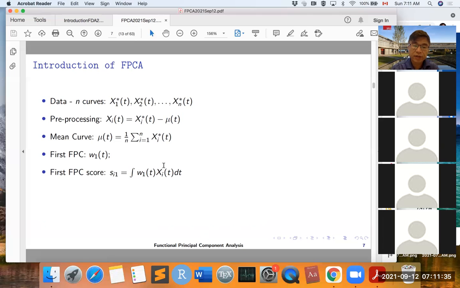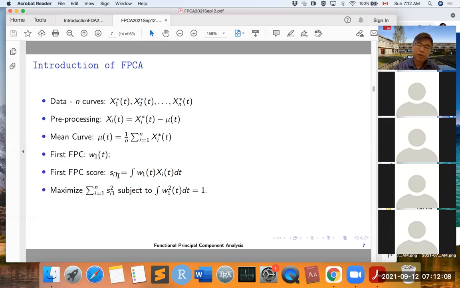This projection is called the first FPC score, Si1. Our objective is to maximize the variation of the first FPC score. Because xi(t) is a centralized curve after removing the mean, the mean of the FPC score Si1 will also equal 0.